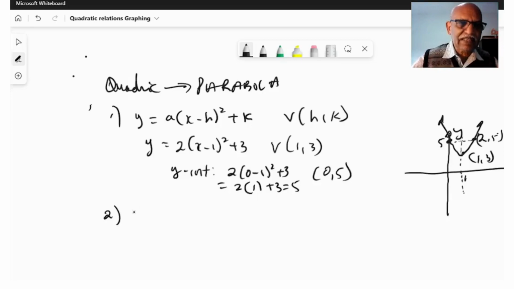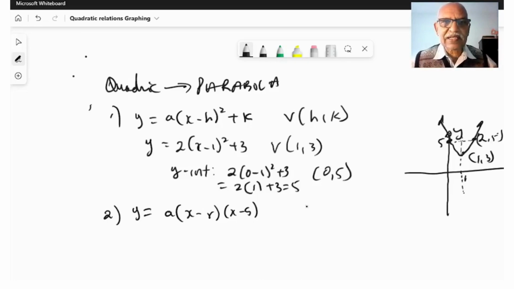If I have it in another form, which is called x-intercept form, where r and s are x-intercepts, which is (r, 0) and (s, 0). These are x-intercepts. So let's see an example.